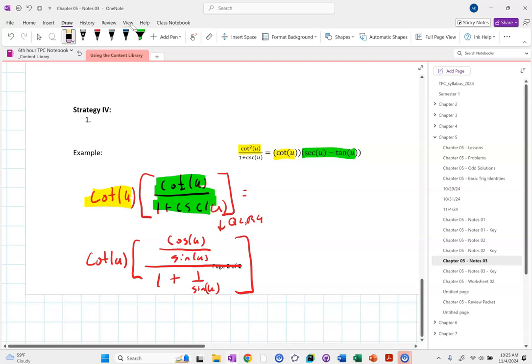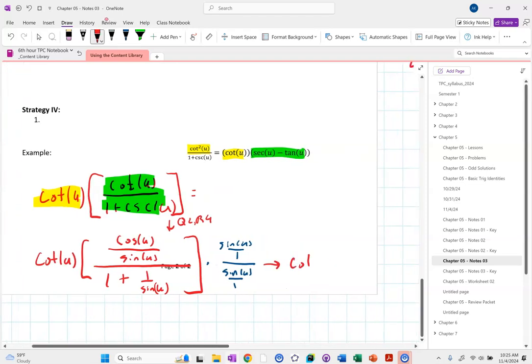So it's not wrong to do that. If this is the route that we go, I would probably at this step clear the fractions. So I would multiply the top by sine u over 1 and the bottom by sine u over 1. What that'll allow us to do is get rid of the fractions inside of the fraction. So we're left with just cosine u on top. And on bottom, we're left with sine u plus 1.